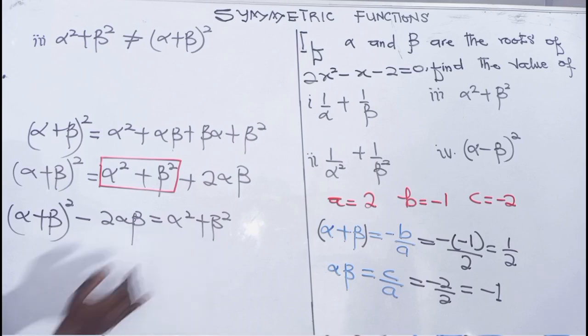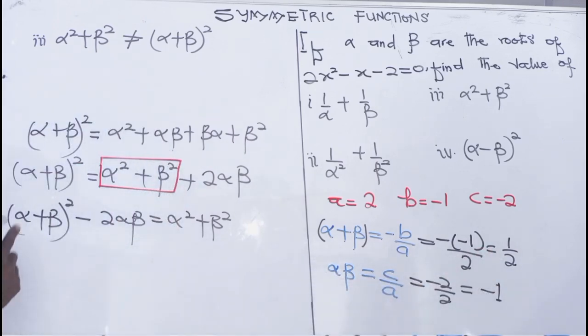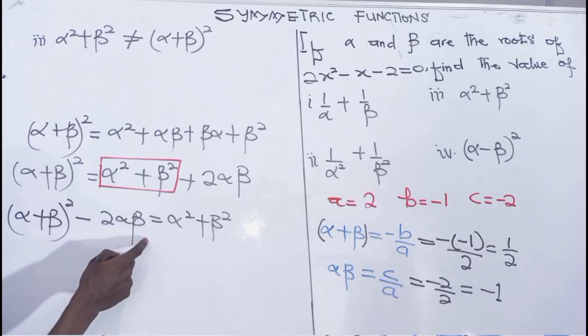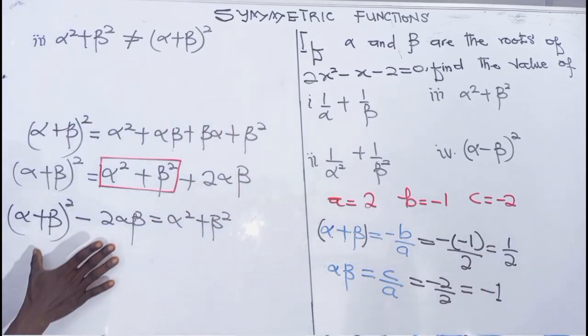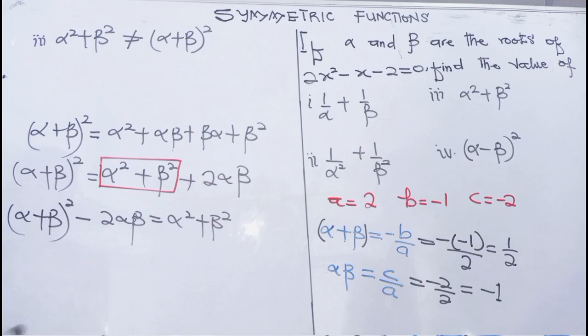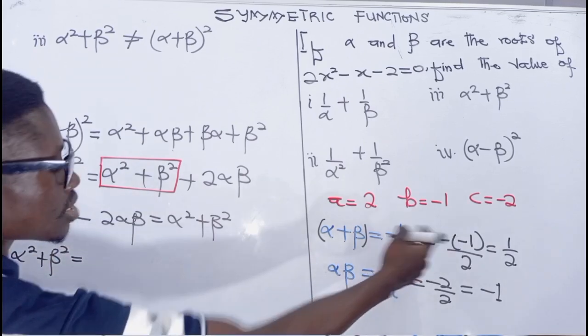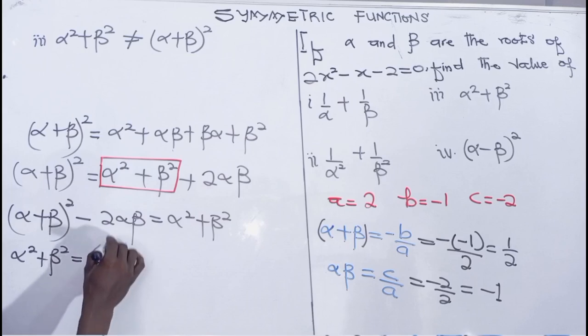Now once we have this, what we are going to do is direct substitution, because we have alpha plus beta, alpha beta. So we just have to plug in these values in place of this. Let me rewrite it: alpha squared plus beta squared is equal to alpha plus beta, which gives us 1 over 2, but this is squared.